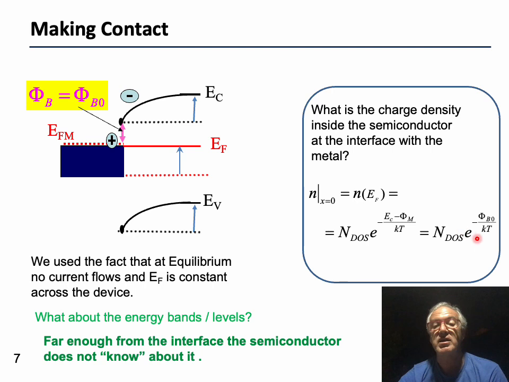In this case, we can assume that we can use the Boltzmann statistics, and this way we can immediately derive the charge density, which is the initial condition in space close to this interface.